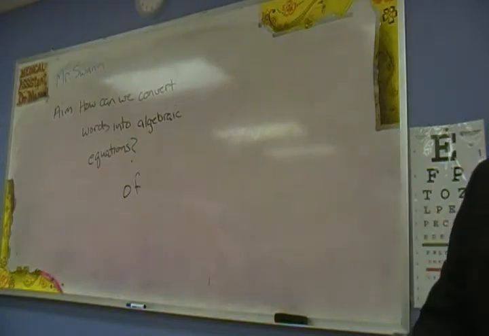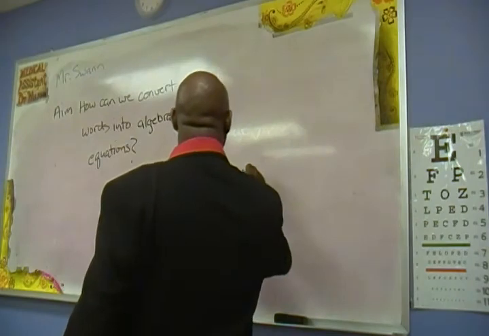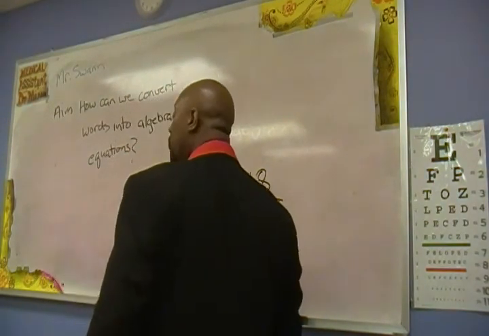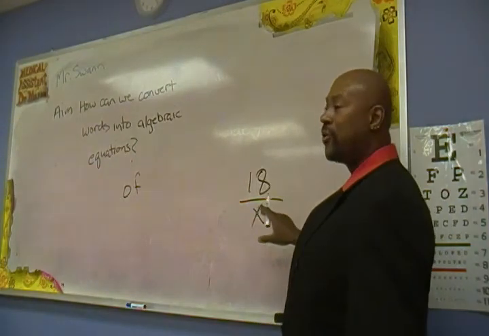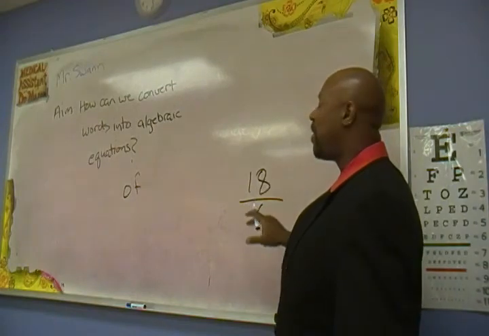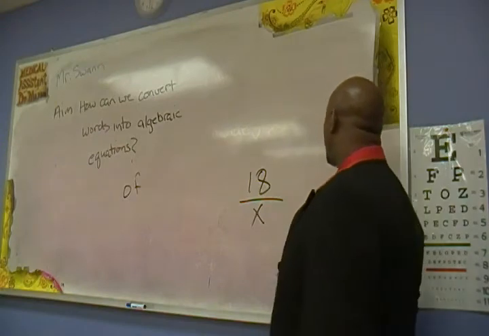What do you think, Keith? 18 over x, because remember, it's the numerator divided by the denominator. So if you said 18 divided by a number, since we don't know what this number is, it's going to be 18 over x.